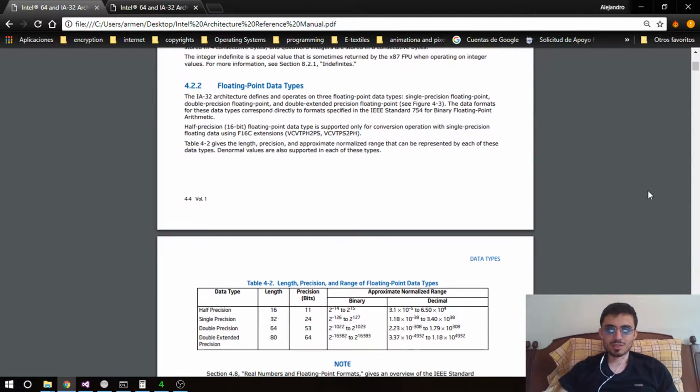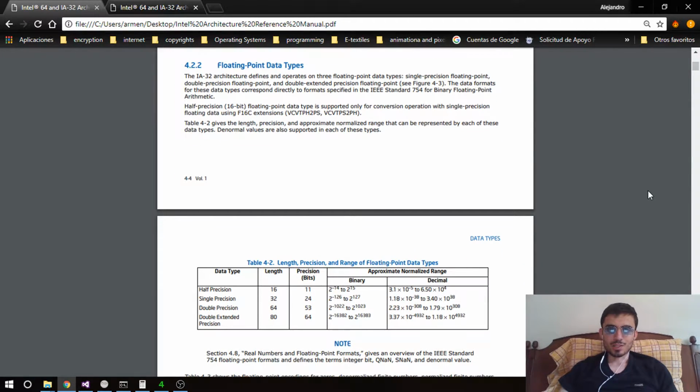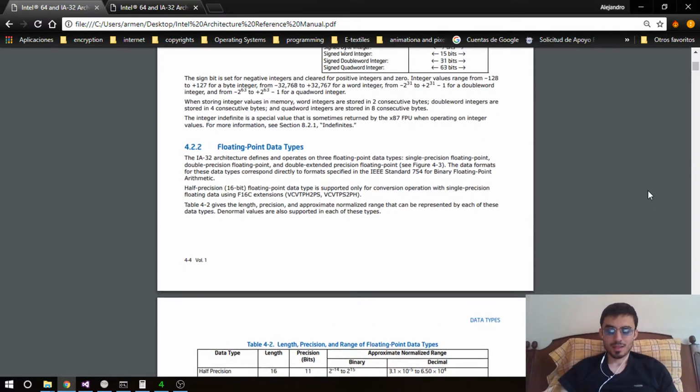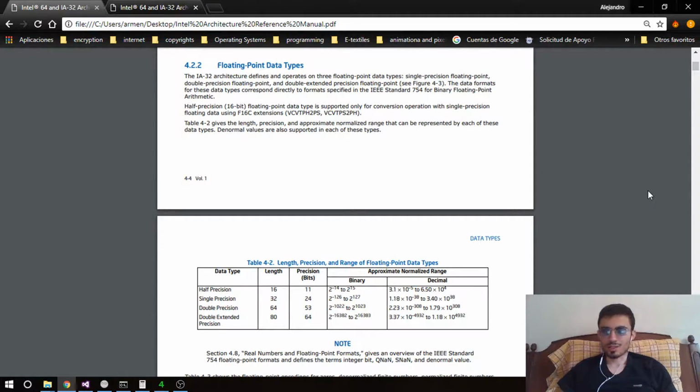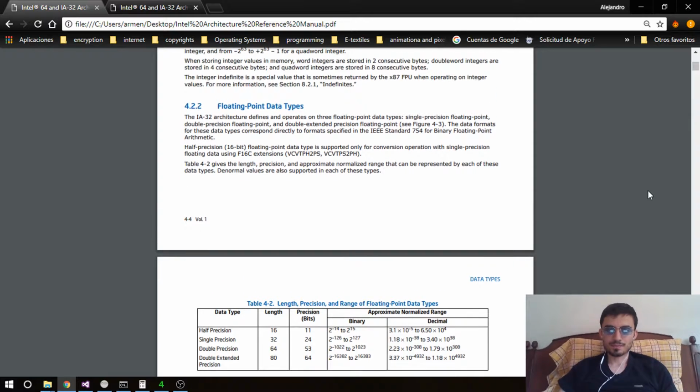So let's continue, because I think we left off in a really important part, which is floating point data types. Floating point data types are a huge deal in computer architecture and computer processing.